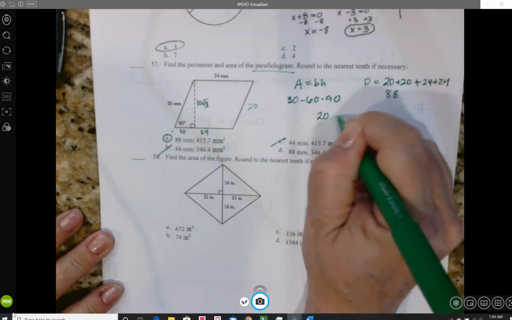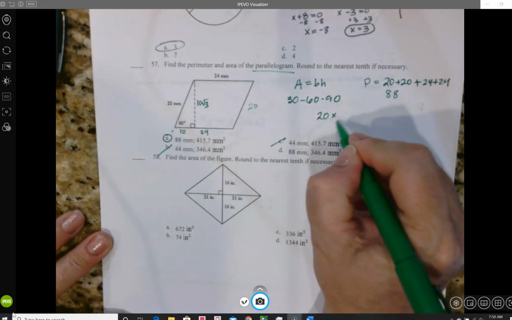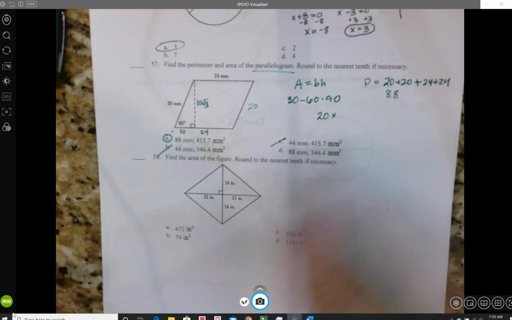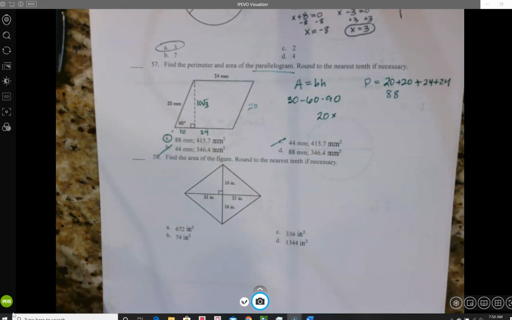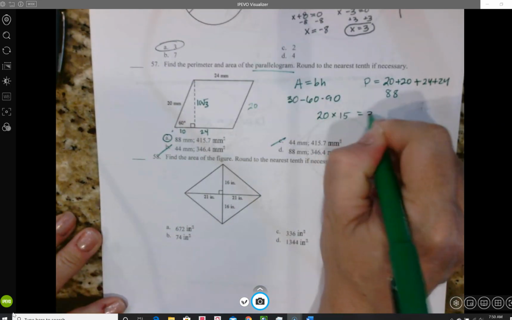So 20 times some number less than 20, and I could pick, let's see, 20 times 15. Yeah, you'd pretty much have to estimate. If you do 20 times 15, you get 300.